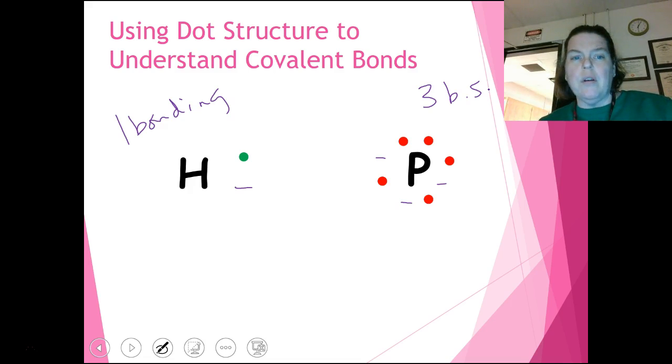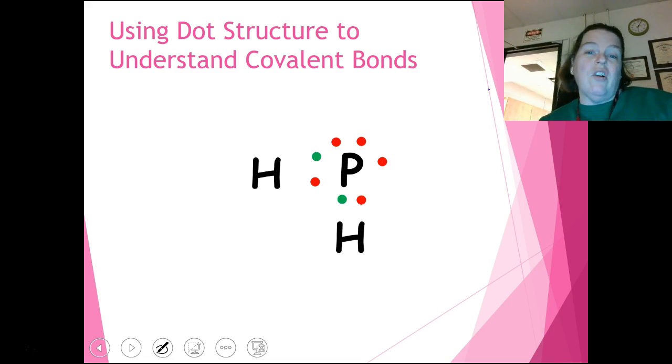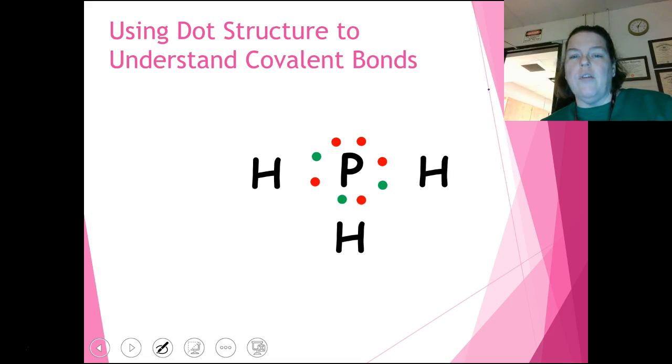As we go forward, we see a hydrogen coming in, and he's going to share an electron with phosphorus. But phosphorus is like, hey, got any brothers? And hydrogen says, sure, here's another one. Got any friends? Here's another friend. So hydrogen is going to share 1 electron each, but I need 3 hydrogens so that phosphorus becomes complete.